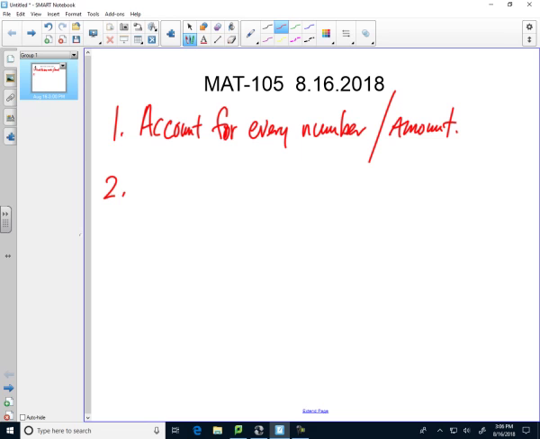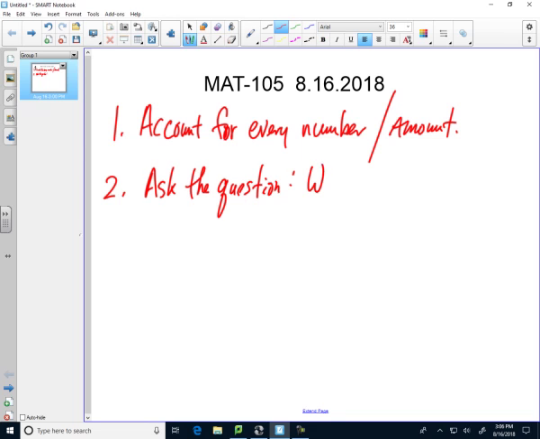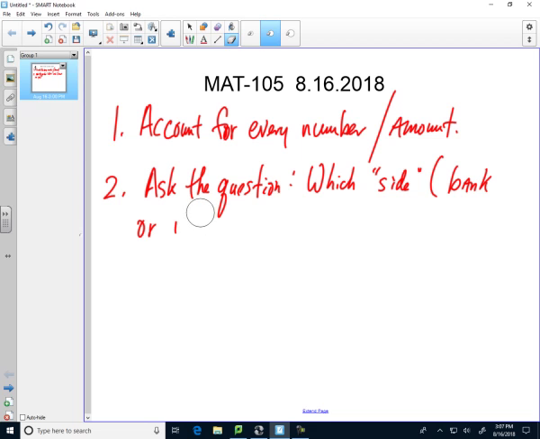The next thing to always do is ask the question: which side? I usually use the word side, and by side I mean the bank or you, because it's your checkbook. Well, it's somebody's checkbook. Let me see what all works here. We can change this.